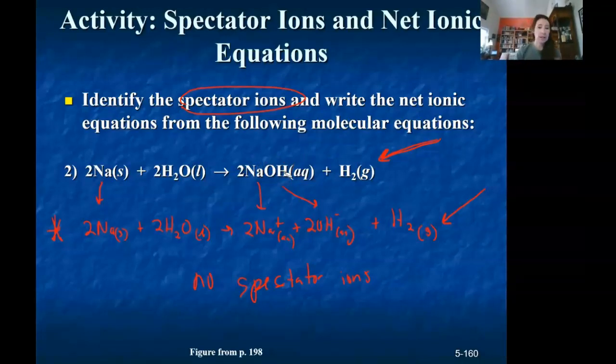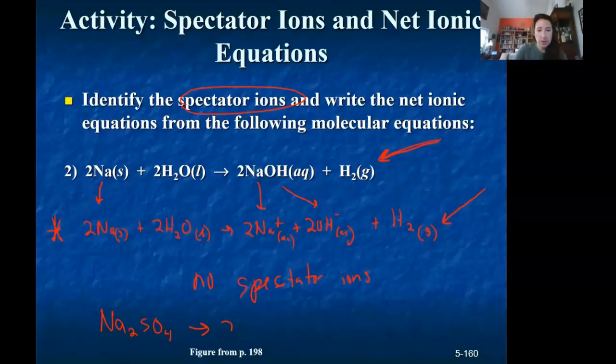So if you had like sodium sulfate and it said write the dissociation for this, then it would dissociate, meaning when you put it in water, it comes apart. So what happens when this comes apart?